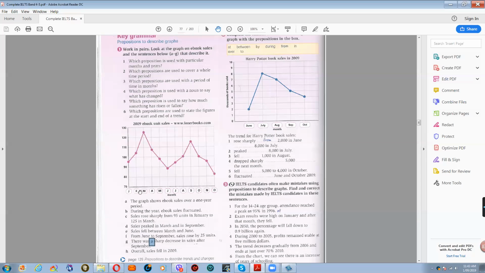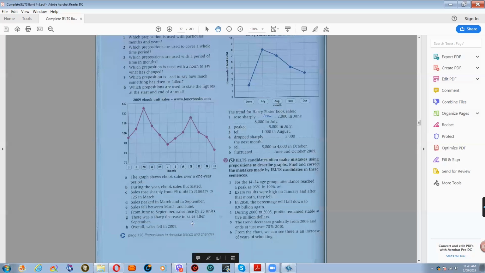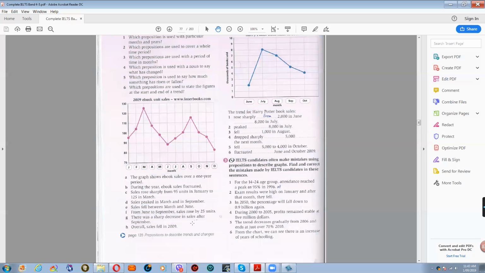Yes. Right. Okay. Which preposition is used to say how much something has risen or fallen? Fell. Fall. Decrease. No, decreased isn't a preposition.